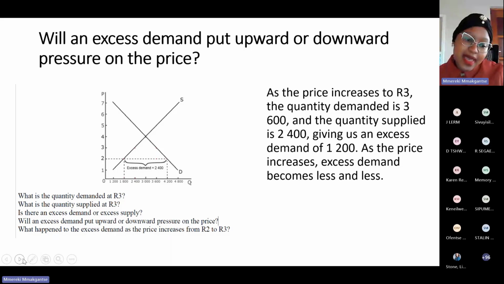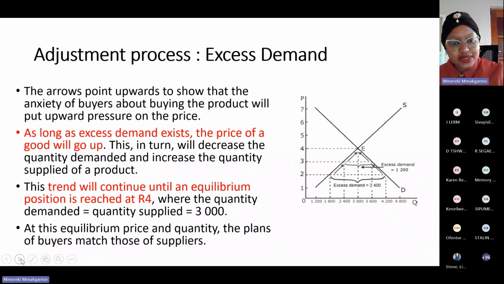It's the same example using different values. We just explained this in the previous question: look at the arrows, excess demand puts upward pressure on the price. So as long as excess demand exists, the price will go up. This in turn will decrease the quantity demanded.